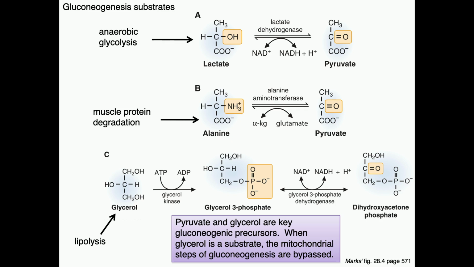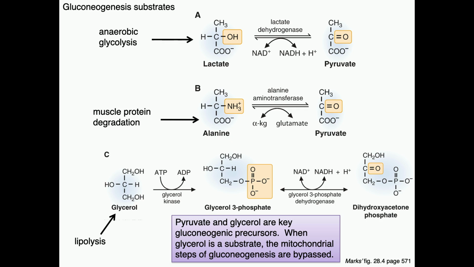So when we have muscle protein degradation and anaerobic glycolysis, they all converge on pyruvate as a common gluconeogenic intermediate. That's distinct from the substrates that can be gained by lipolysis, or breakdown of triacylglycerol.